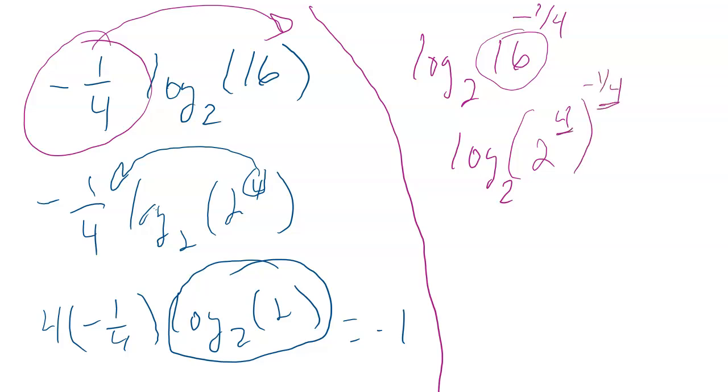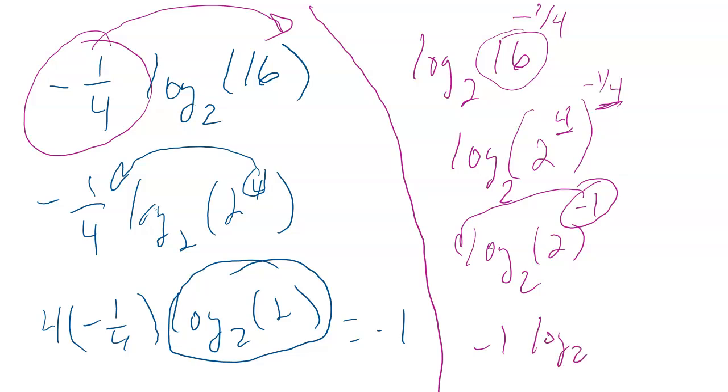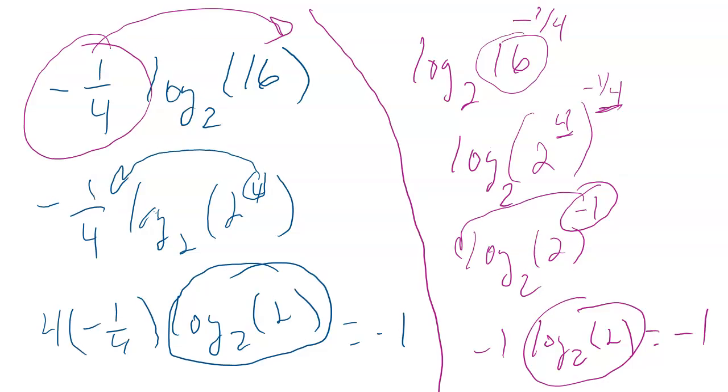And when it's exponents raised by an exponent, you multiply them. And so you get log base 2 of 2 to the negative 1 power. And then I can bring that negative 1 power down. Negative 1 log base 2 of 2 simply turns into 1. And so we get an answer of negative 1. Either one, you should be comfortable with both ways. It's not bad.